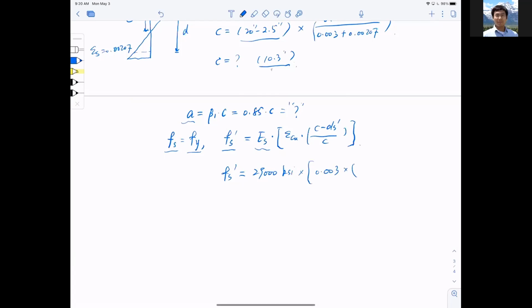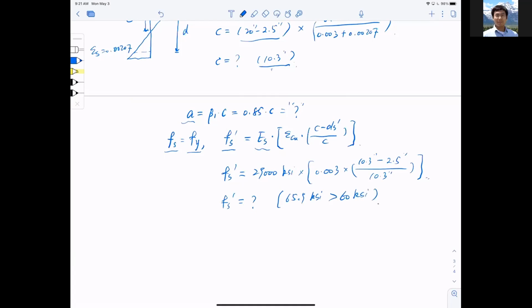So just 10.3 inches minus ds prime, which is the concrete cover 2.5 inch, divided by 10.3 inches. Okay, again, you will calculate this number out, but I can tell you right now it is 65.9 ksi, which is slightly bigger than the yield strength.